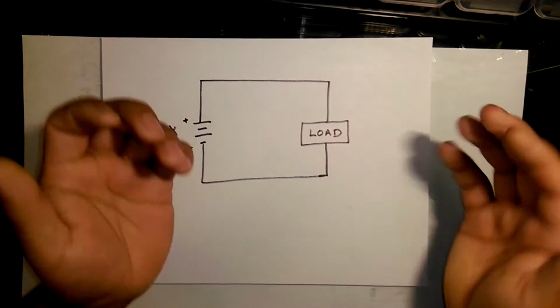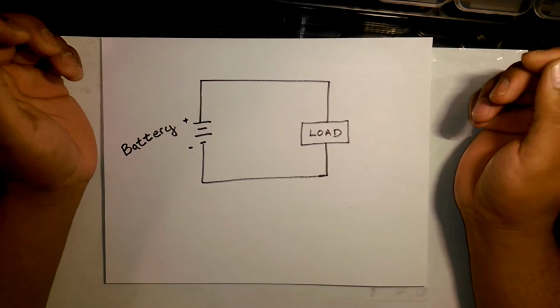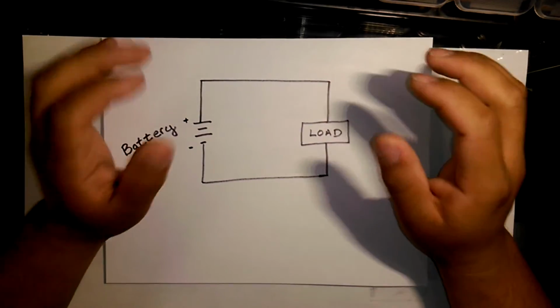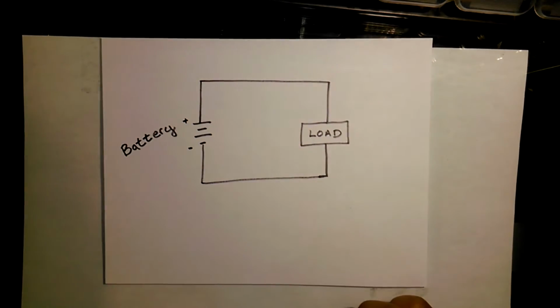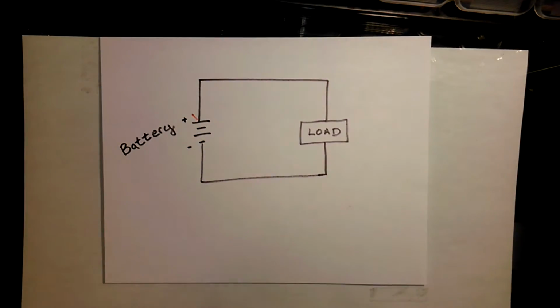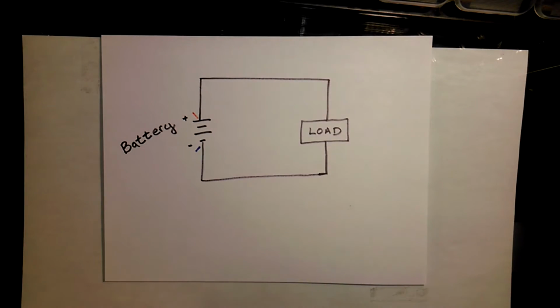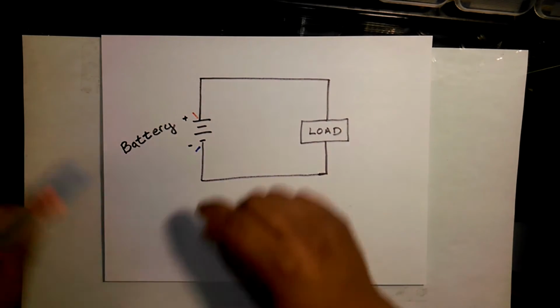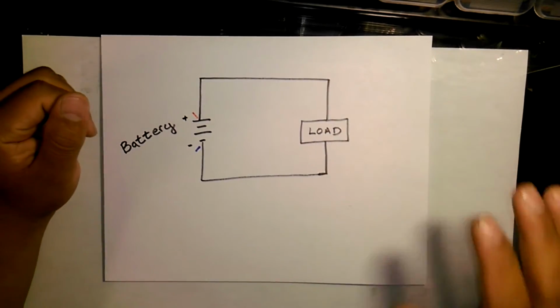And in fact, if we were to use a voltmeter or an amp meter to measure the current, it will indeed be positive in this direction. What I mean by that is that if you were to measure voltage with the positive lead here and the negative or black lead here, you would get a positive voltage. If you were to switch these leads around, you would get a negative voltage.